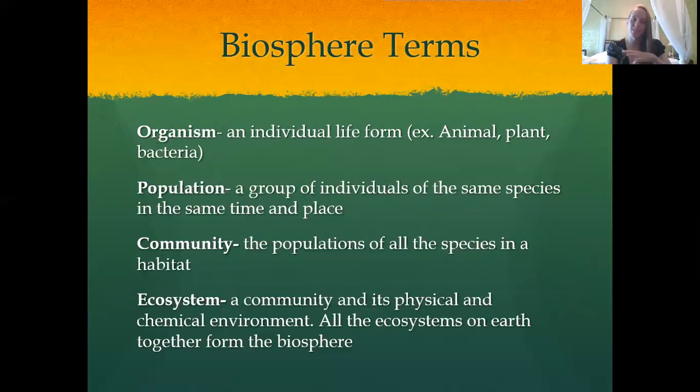All of the different living things in that habitat are the community. And then the ecosystem is essentially the community and its environment. So all of the physical and chemical factors that make up that habitat. And then, like I said, all of the ecosystems, if you put them together, form the biosphere.